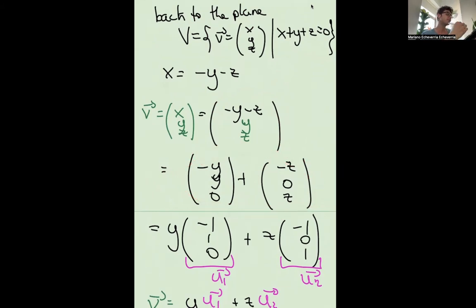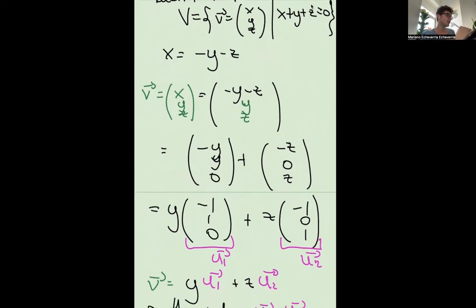And then how am I getting these entry values? How do I know to put a zero here, if that's what you were asking? It's because this is like zero y, right? And why do I put, sorry, this is like zero z. Let me write it.